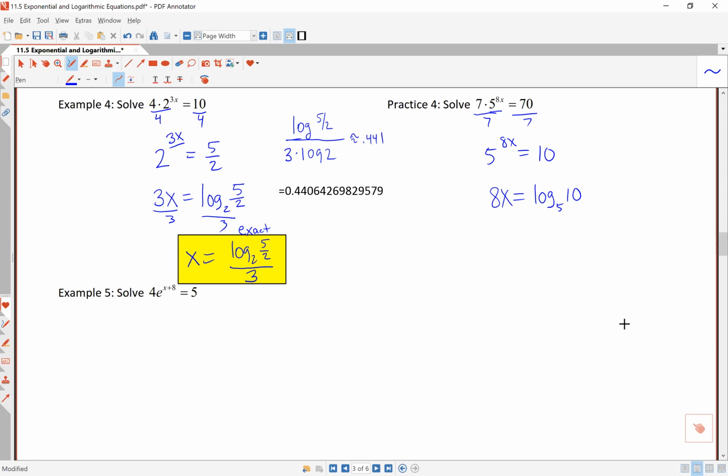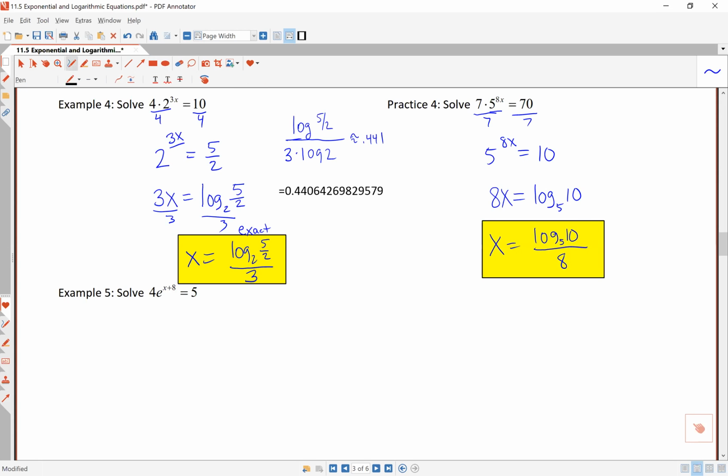Solving for x, we divide both sides by 8 and get the log base 5 of 10 divided by 8. There's our exact answer.